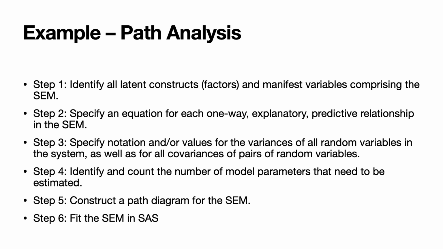Step 3, specify notation and/or values for the variances of all random variables in the system, as well as for all covariances of pairs of random variables. Step 4, identify and count the number of model parameters that need to be estimated. Step 5, construct a path diagram for the SEM. And then finally, step 6, we're going to fit the SEM in SAS.